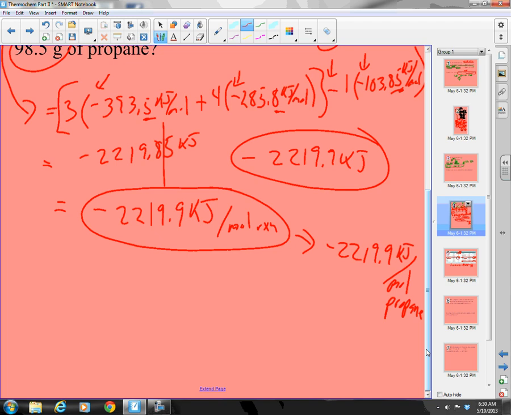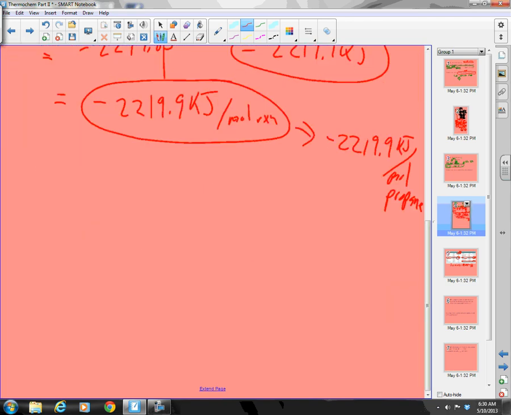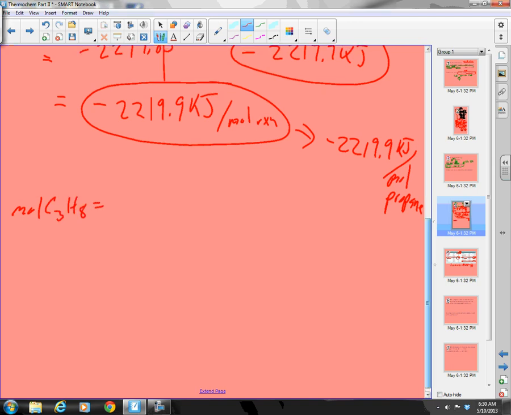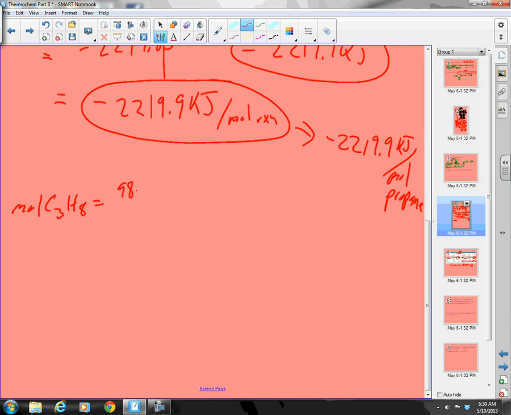Now, I have 98.5 grams of propane. What do I want to do? I want to get moles of propane. So I'm going to take 98.5 grams times 1 mole per 3 times 12.01 plus 8 times 1.008 grams.